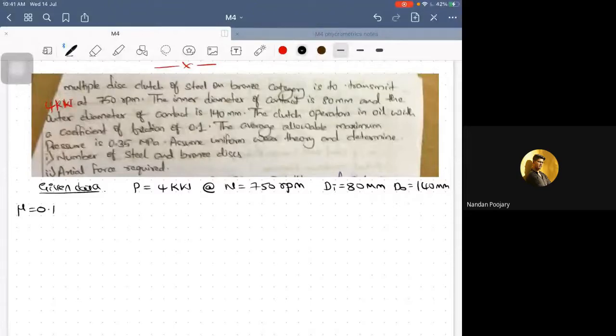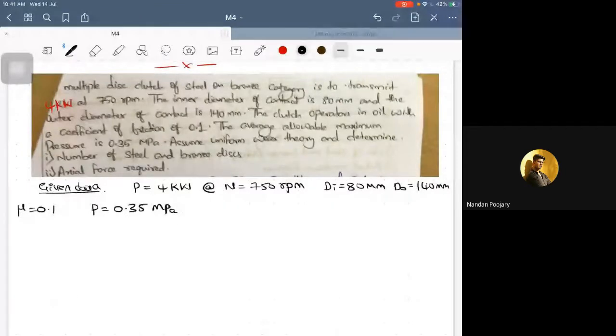The average allowable maximum pressure P is equals to 0.35 megapascal. Next, assume uniform wear theory. One thing you have to remember: unless he has specified in the problem to use uniform pressure theory, you must always use uniform wear theory.